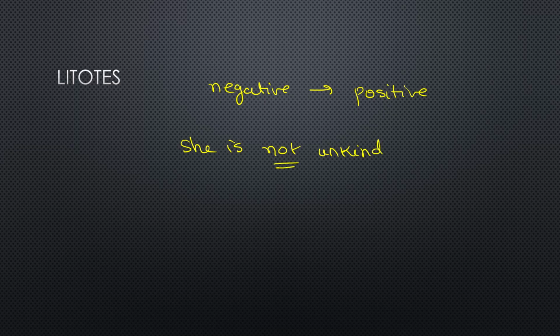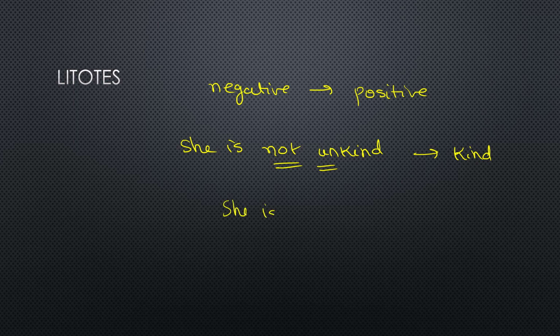Then we have litotes. Here, basically, we are using a negative to make a positive. For example, she is not unkind. So can you see? It is literally she is kind.